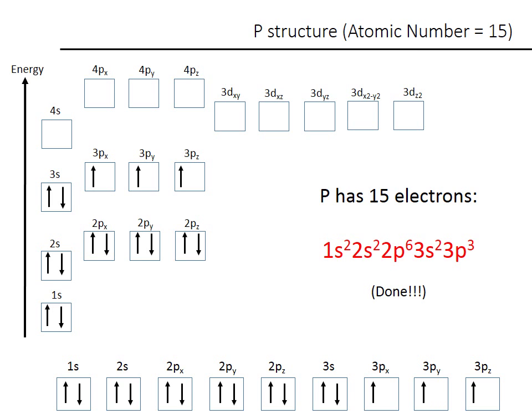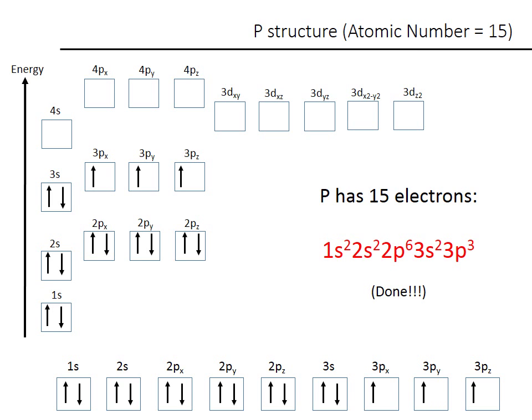when electrons are to be occupying orbitals of equal energy, like the case of this example here, the electrons dispose themselves with the maximum unpaired spins. That's the most favorable energy state. And therefore, the 3 remaining electrons will be allocated as it is shown. One electron spin up in the 3px orbital of the 3p subshell, the second electron in the 3py orbital, and the third electron in the 3pz orbital.